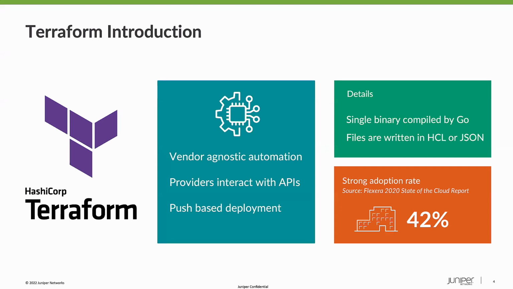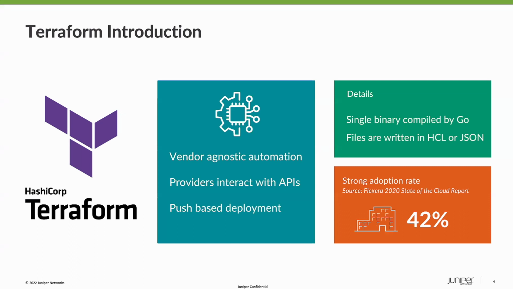Now, Terraform itself uses a push-based model. If you're familiar with network automation, you'll know that there's two distinct camps within here. There's a push-based model where all the heavy lifting is done locally, in this case by Terraform, and it will push changes out to a remote device. In contrast, there's a pull-based model used by other popular tools like Chef and Puppet, where there's an agent that sits on the remote device and it does a little ET phone home and pulls down any kind of changes whenever they're needed.